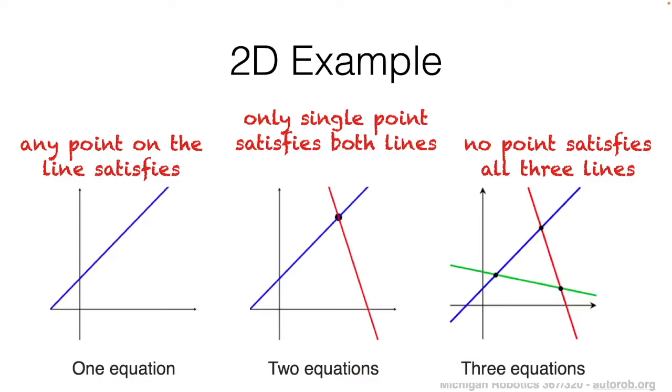In this particular case, the 3 lines don't all intersect at a shared point. And so there's actually no point that will satisfy all 3 of the equations. So this linear system would have no solutions. There'd be no single point that would result in a valid equality for all 3 of the equations.